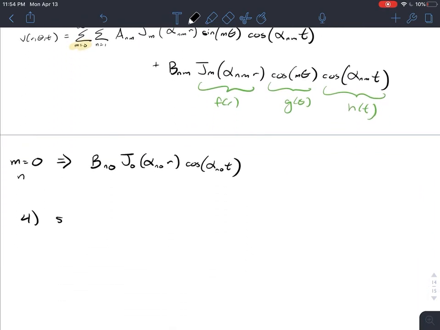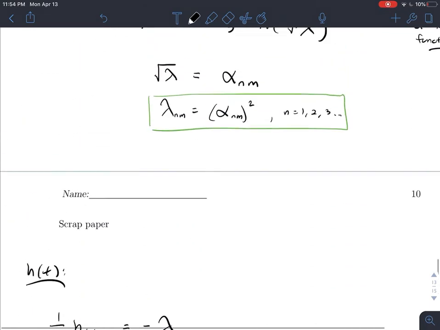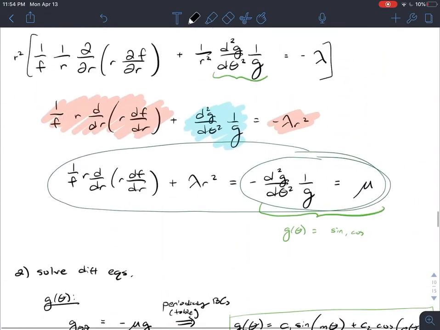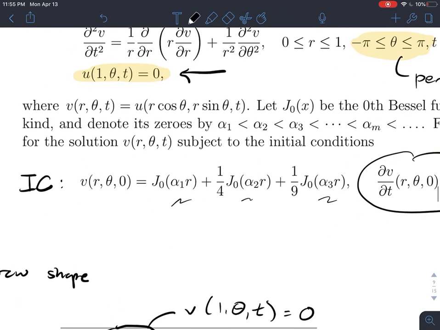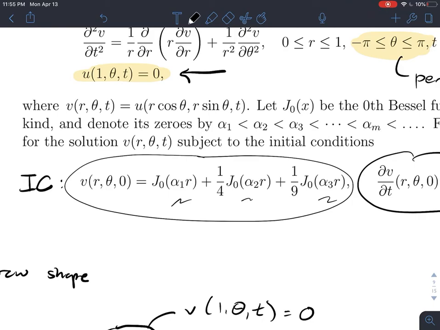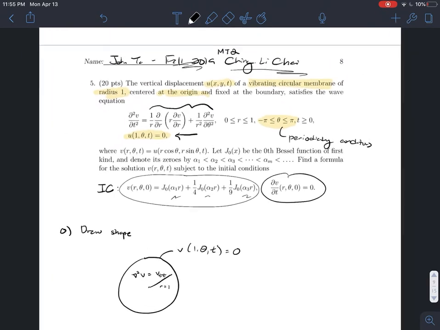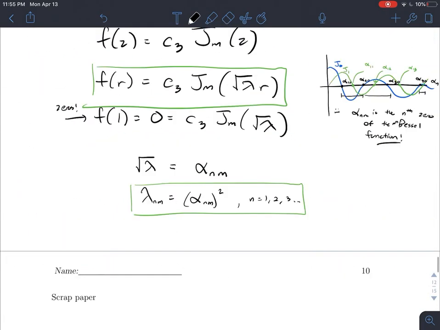So now let's solve for the coefficients. Let me scroll back up here because we're given a very long initial condition. We're going to essentially copy this initial condition down below and then find out what the values of the coefficients are. Cool.